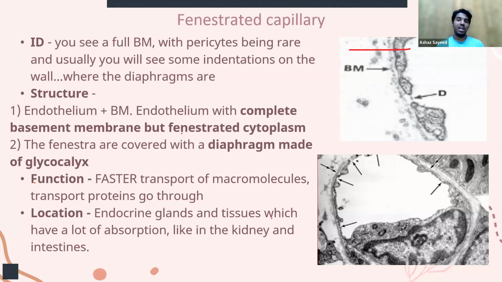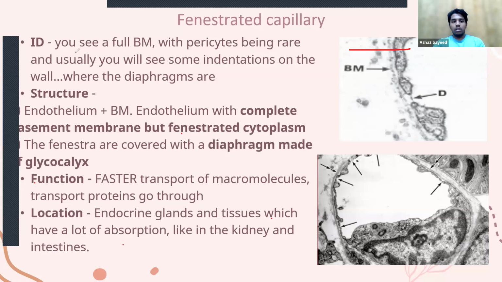In fenestrated, the cytoplasm has holes called fenestra, and these holes are covered with a really thin membrane called the diaphragm. We see a full basement membrane, and parasites are rare. Whenever you see parasites, they are commonly in continuous capillaries.